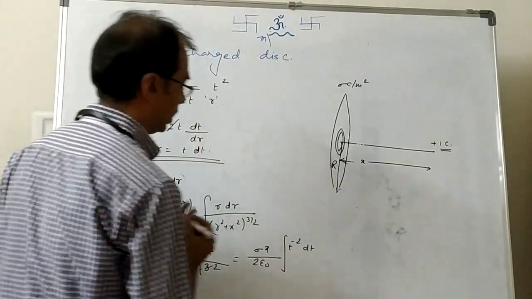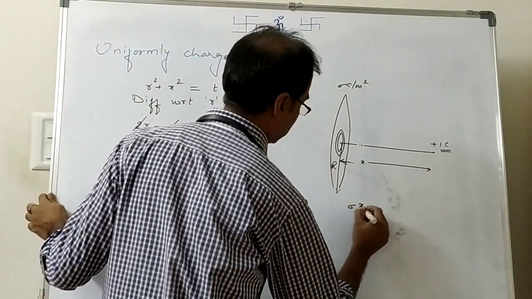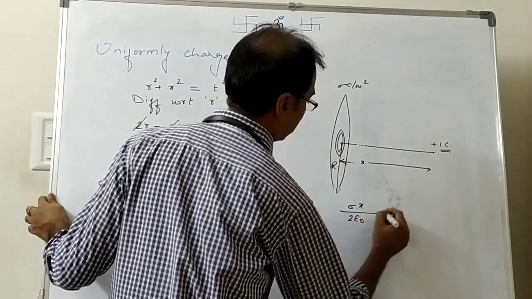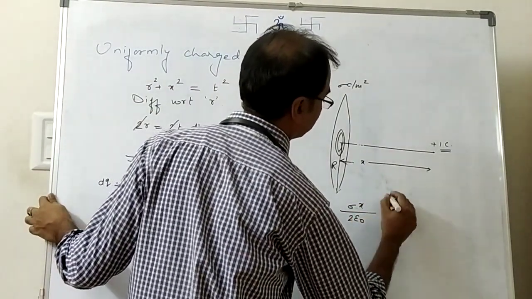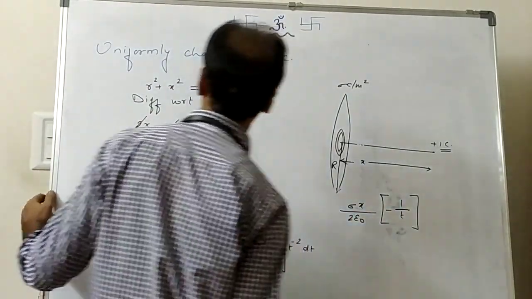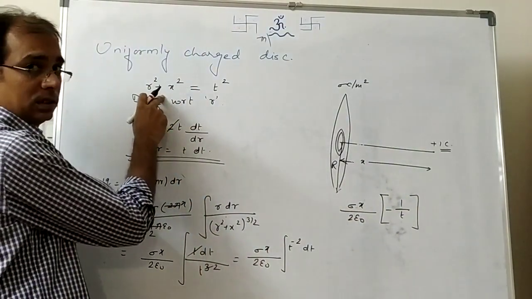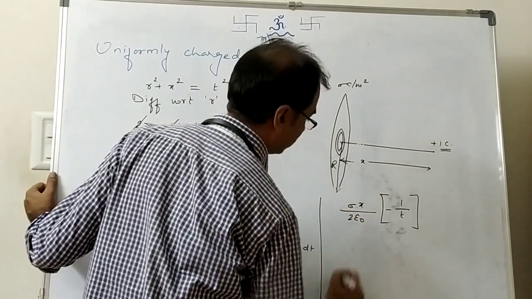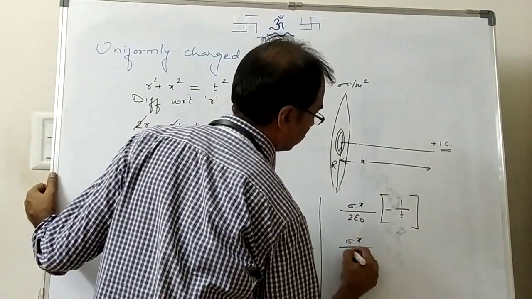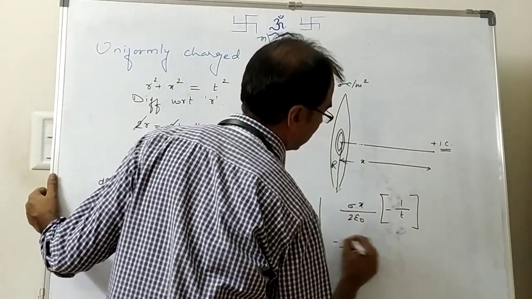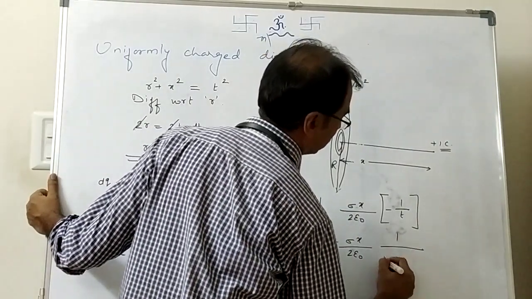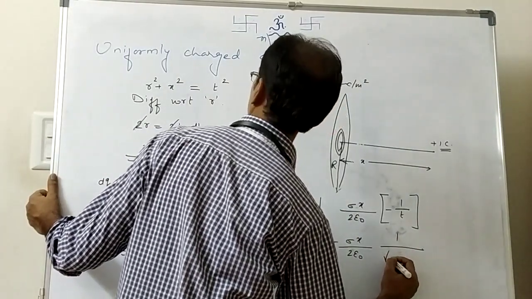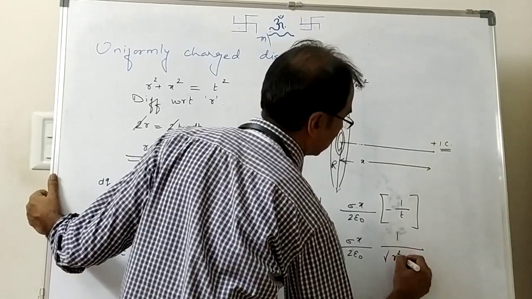So what we will be getting? Sigma x by 2 epsilon naught minus 1 by t. What is t then? T is root over r square plus x square. Place it here. Sigma x by 2 epsilon naught, minus, you take outside, 1 by root over r square plus x square.